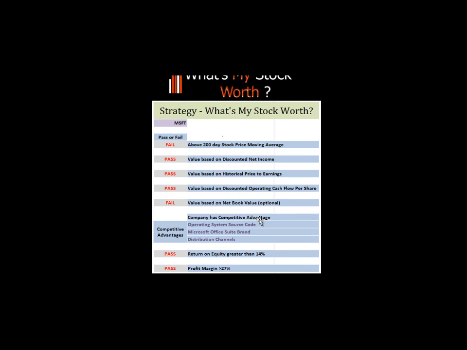In this situation, we wouldn't purchase the stock because it's not above its 200-day moving average, even though discounted net income, historical PE, and discounted operating cash flow are all pure good. We're probably okay with net book value because that's optional. Return on equity and profit margins seem good, but because it's below its 200-day moving average, we would not recommend purchasing this stock.